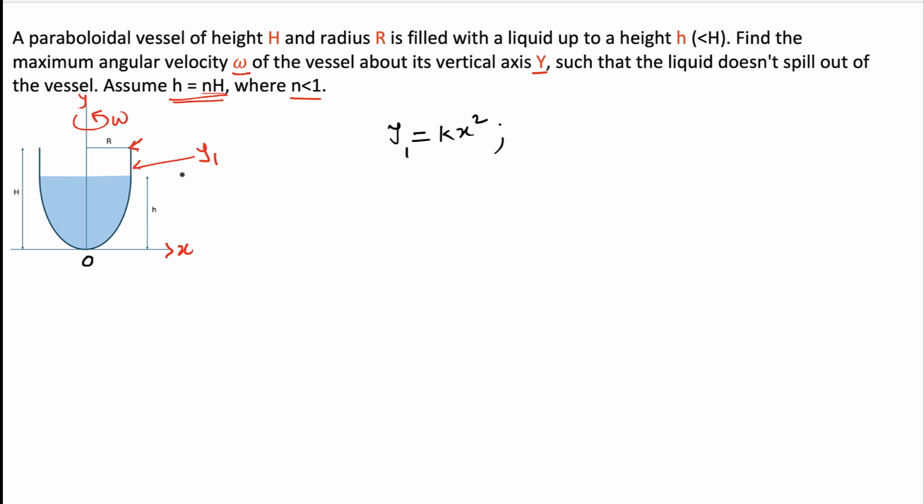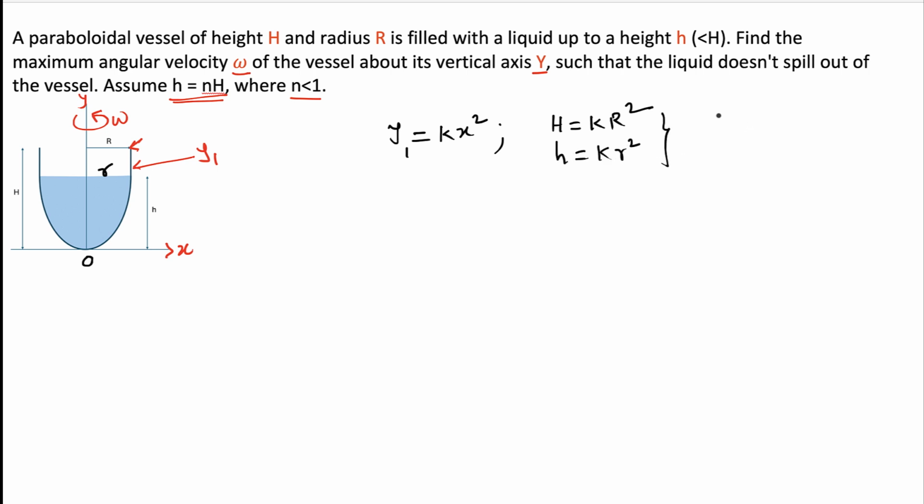Now it is given that, for the bigger height H, the radius is R. Which means that H equal to kR square, right? We can simply put in this one. And let's say the initial radius is small r. So we can also write h equal to k r square.